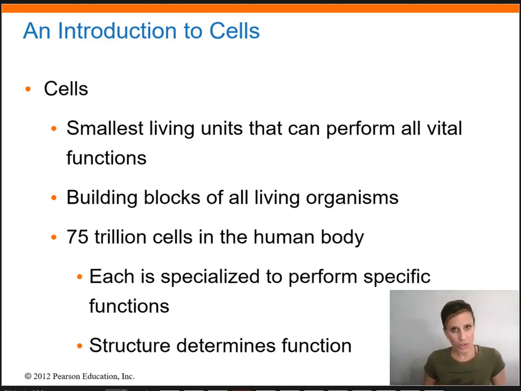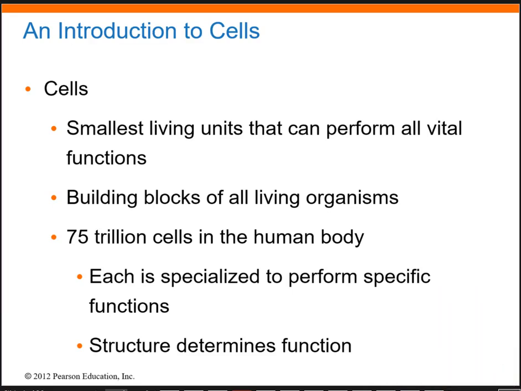And then there are organisms that are made up of trillions of cells. That's like the human. Humans are made out of 75 trillion cells. Each of these cells is specialized to perform specific functions for the body.